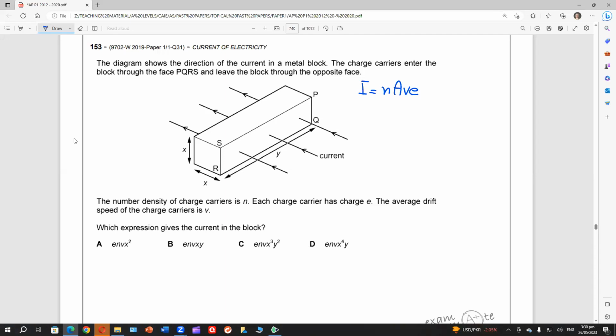So I have the formula. Now, what area should I take? Should I take X into Y, which is the area?